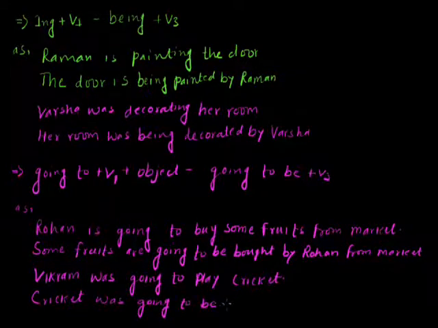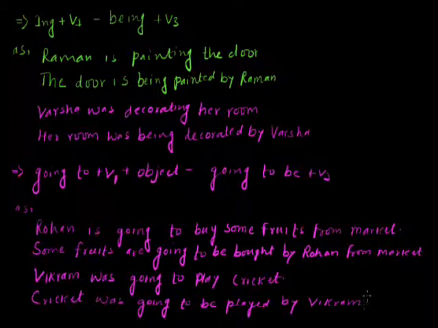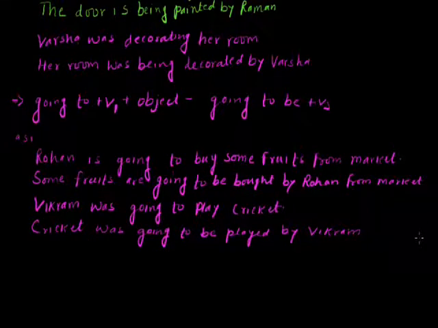Then the third form played, then by, then the doer of the action, that is Vikram. So in this manner we make the passive voice of the sentence in which going to is given. Care should be taken when we make the passive voice of sentences in which the ing form of the verb is used, and of those sentences in which going to and the first form of the verb are used.